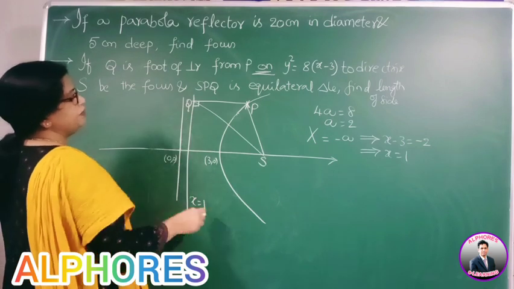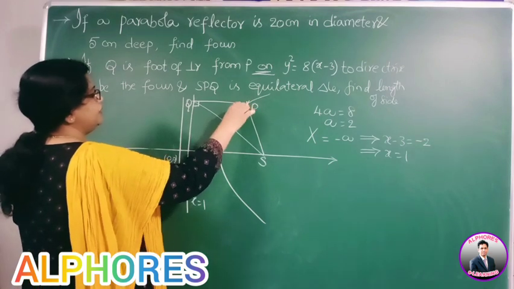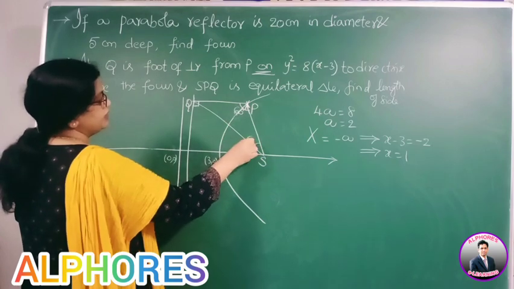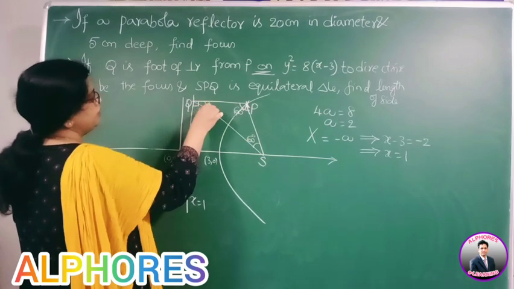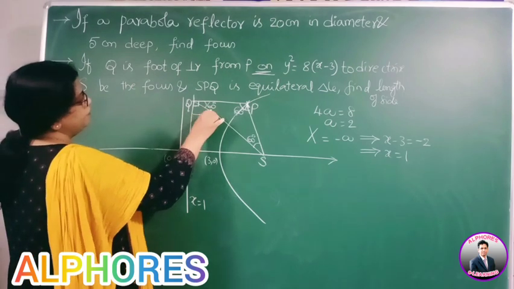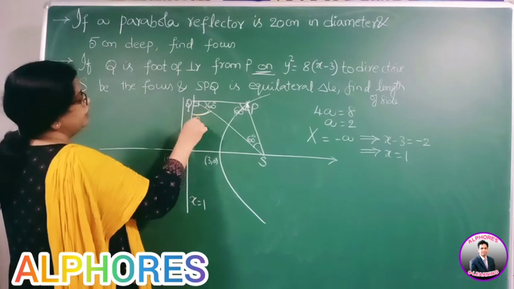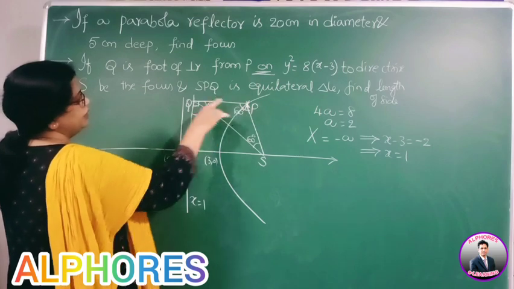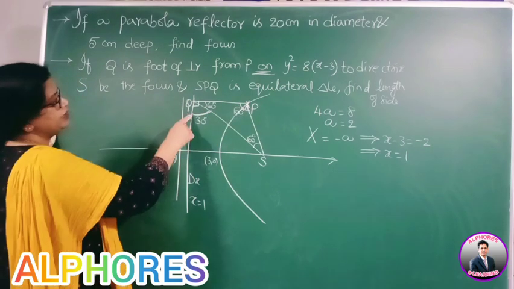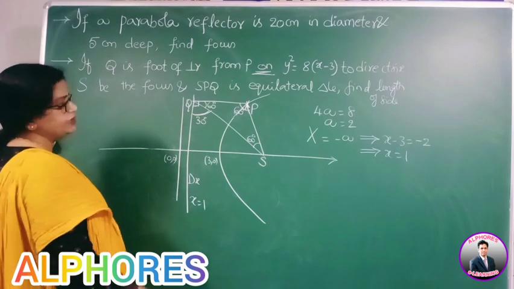Now once SPQ is an equilateral triangle, this angle is 60 degrees, this angle is 60 degrees, and this one also is 60 degrees. Then this remaining part has to be 30 degrees, because it is the foot of the perpendicular on the directrix.